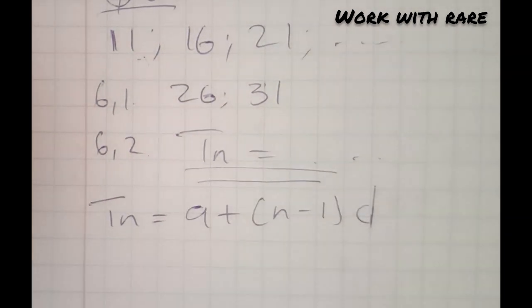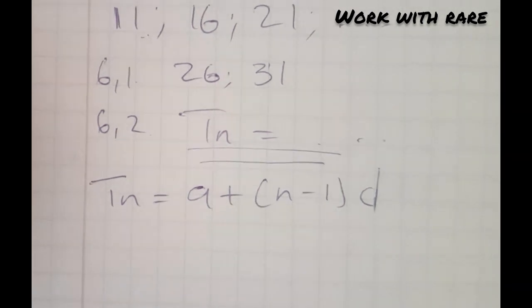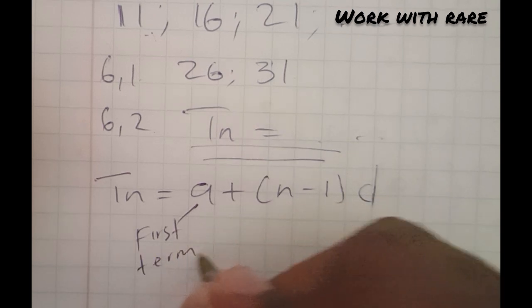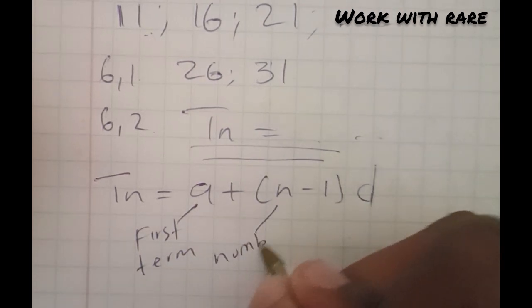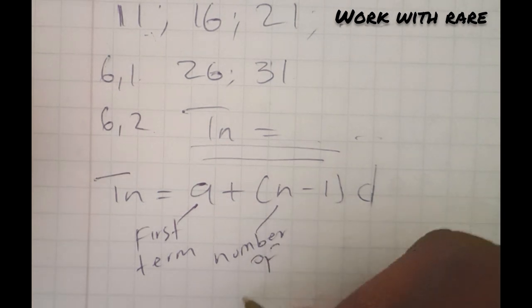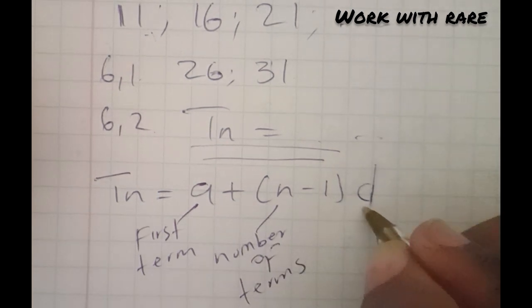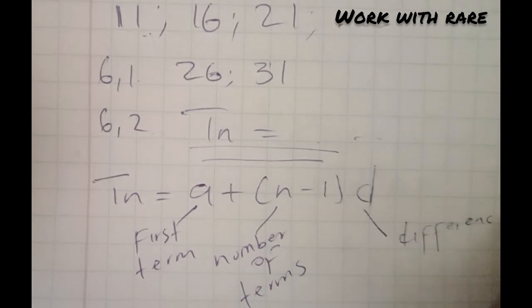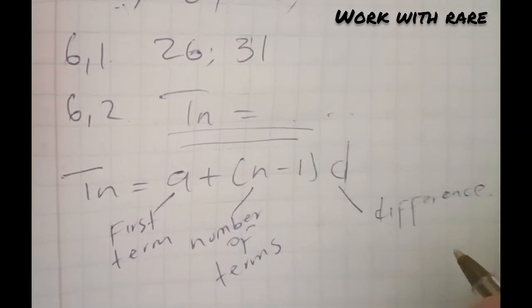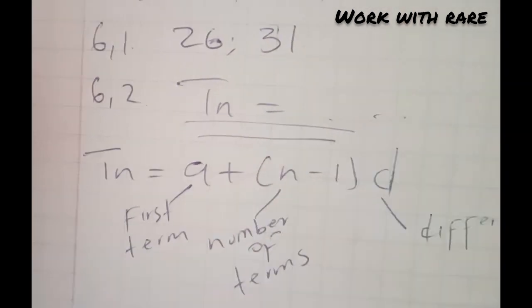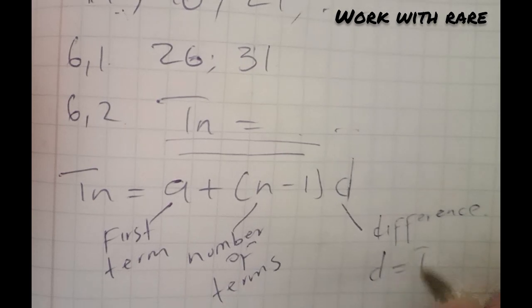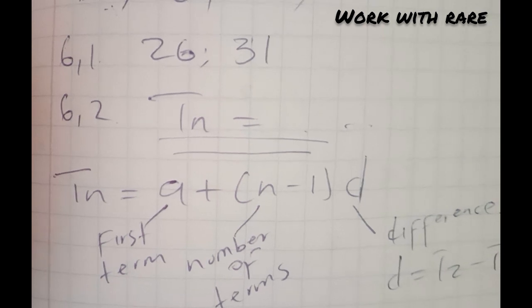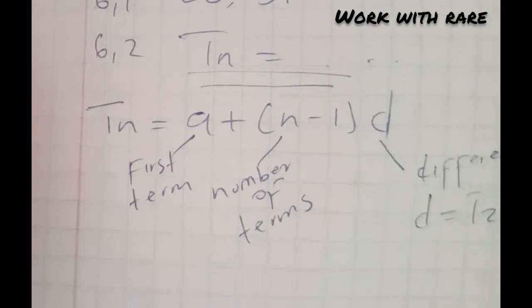A is for the first term, N is for the number of terms, and D is for the difference. A difference, we get it when we say T2 minus T1, or T3 minus T2 should give us the same answer when they are common.